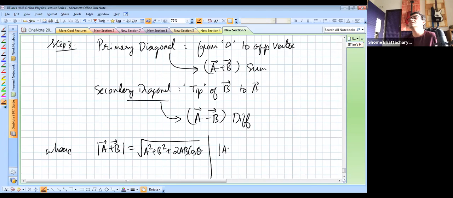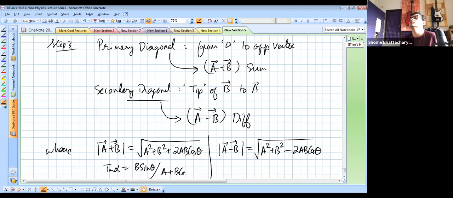Whereas the magnitude of the other diagonal, the difference one, is given by this formula, root of A square plus B square minus 2AB cos theta. Similarly, here tan alpha is B sin theta upon A plus B cos theta. Whereas there, tan theta becomes B sin theta upon A minus B cos theta.